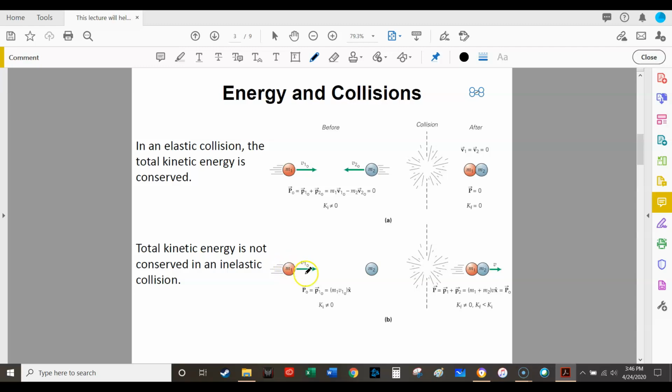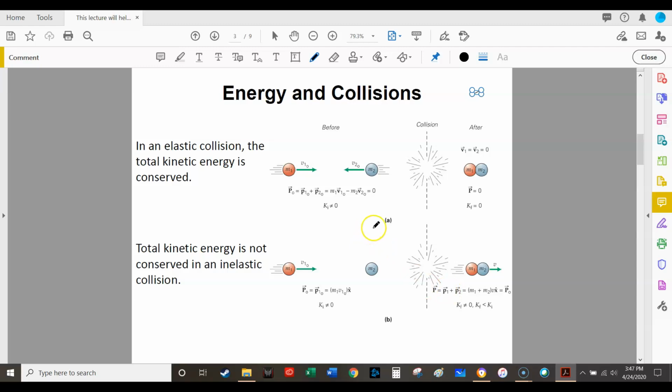When an object hits another object, again, the initial momentum is equal to the final momentum. But what we're going to find out is that the initial kinetic energy is not equal to the final kinetic energy. When the two objects are colliding inelastically, they stick together, right? And when these two objects slap each other and stick together, what you find out is that the initial kinetic energy is greater than the final kinetic energy with inelastic collisions.